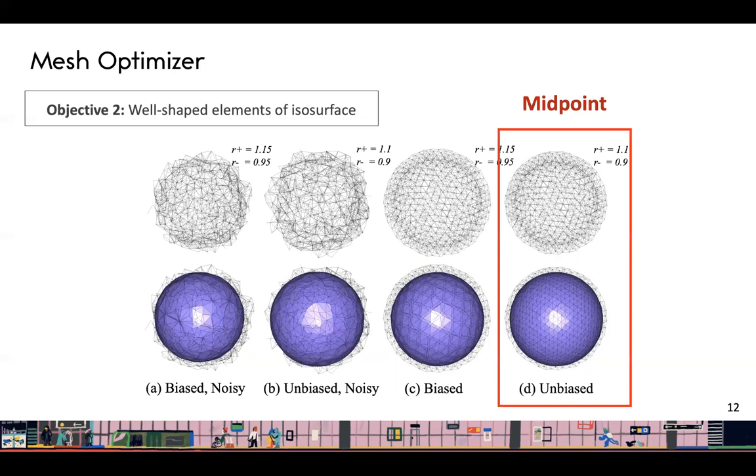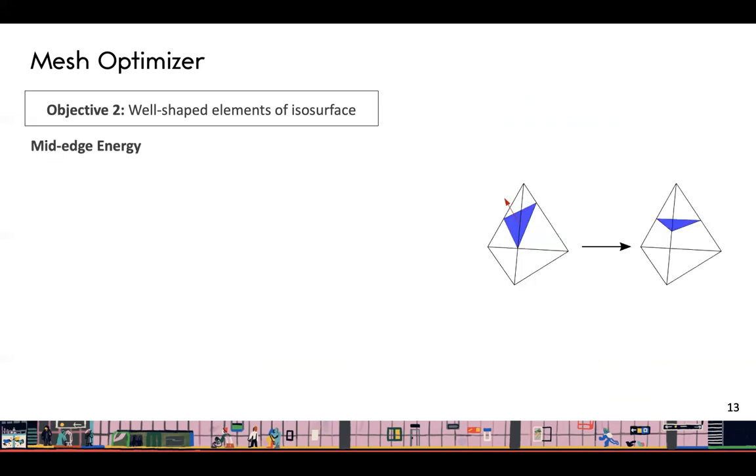This motivates us to invent an energy which forces the isosurface to pass through the midpoints of tetrahedra edges. We call this energy Midedge energy. It concerns all tetrahedra intersecting the current isosurface.